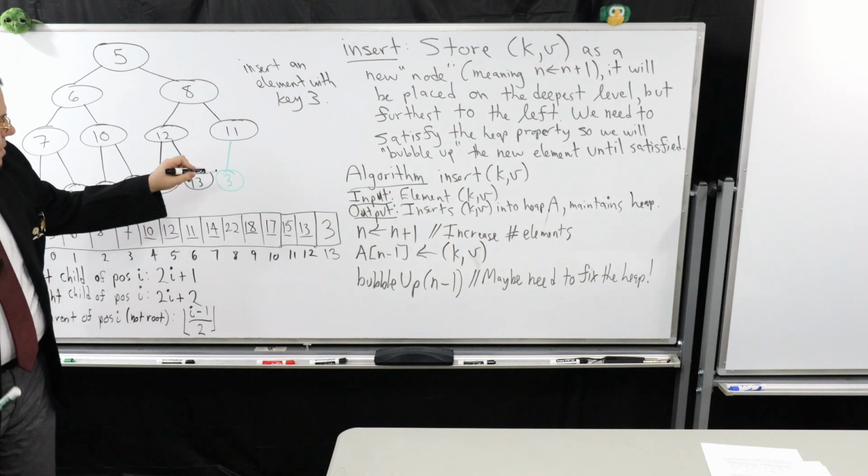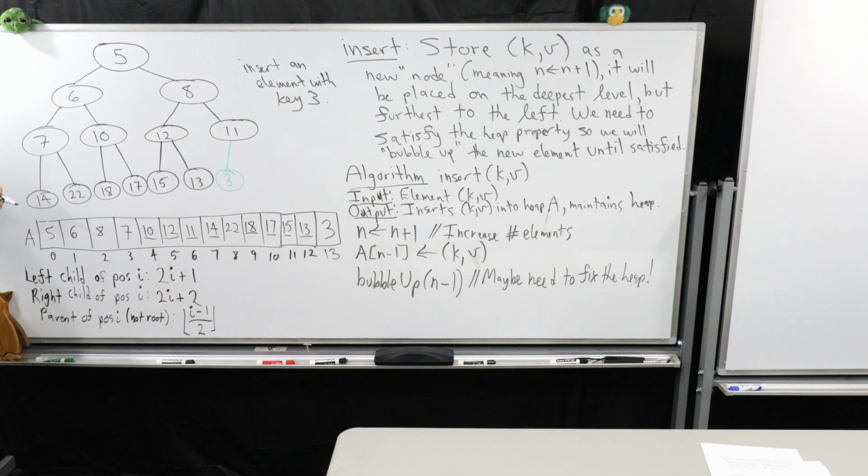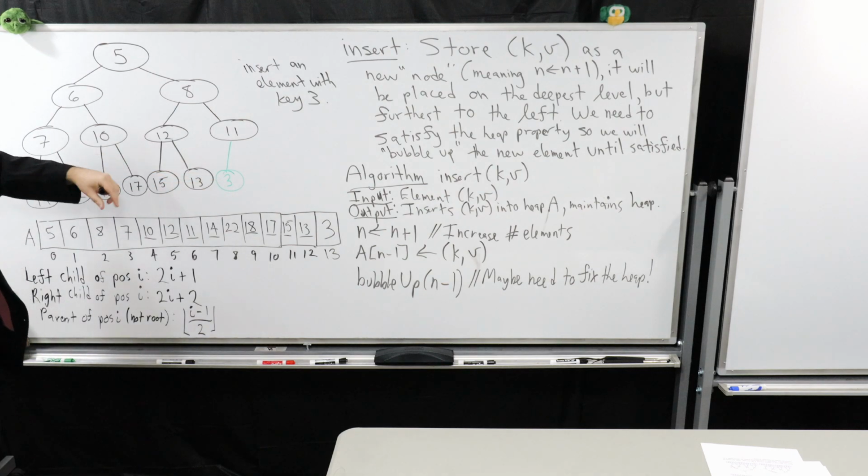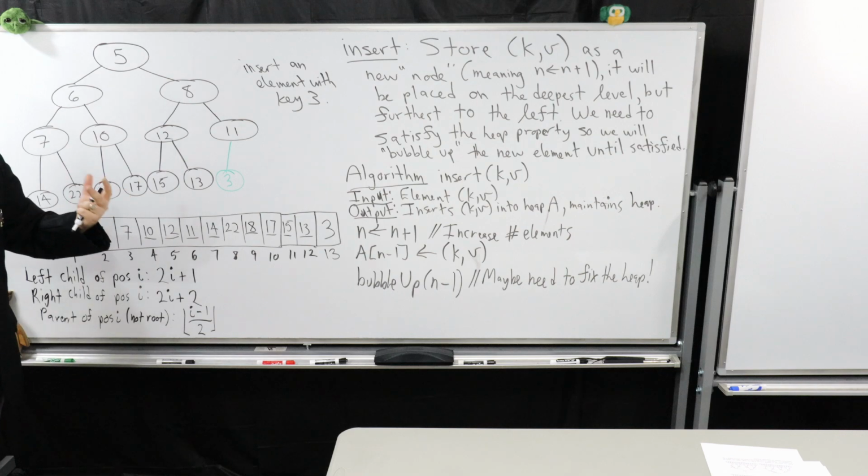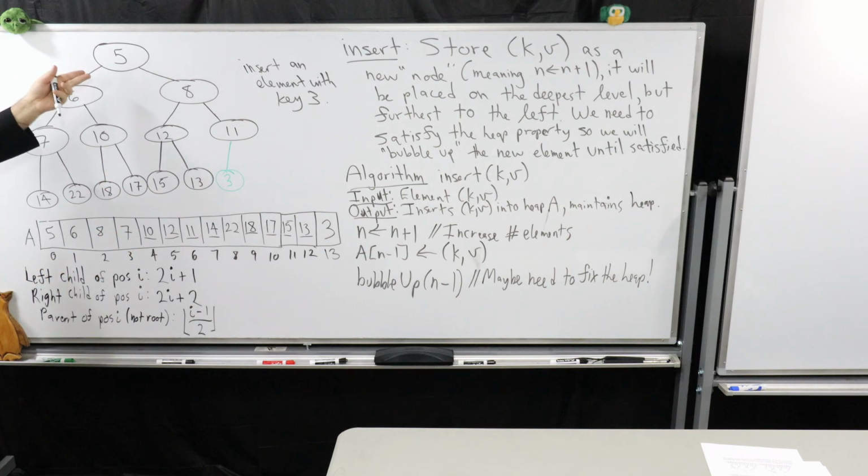So notice it's 3, then 11, then 8, then 5, right? What I would like it to be is that it's 3, then 5, then 8, then 11. Because you notice that if I were to do that, then I could guarantee that this 3 is not going to be more than 5, right? And same thing with 5 being compared to 8 and 8 compared to 11.